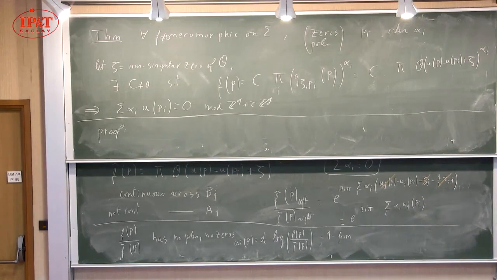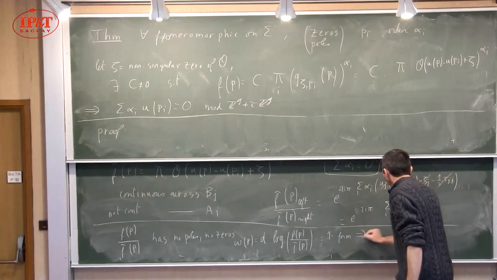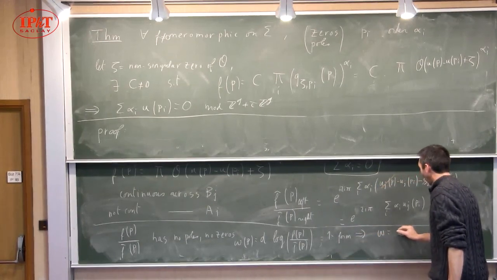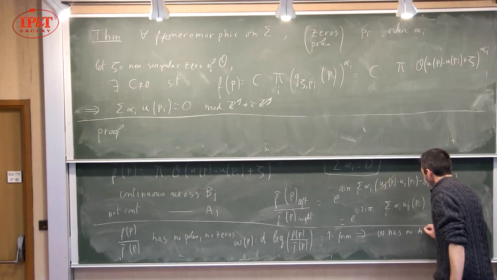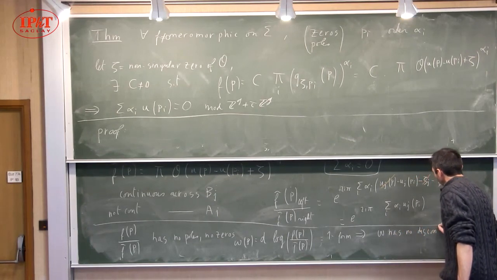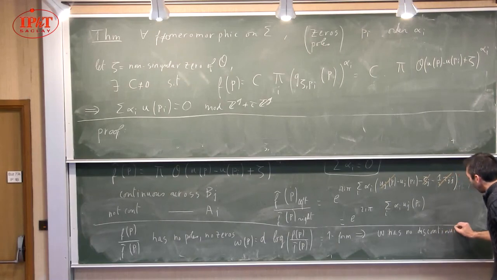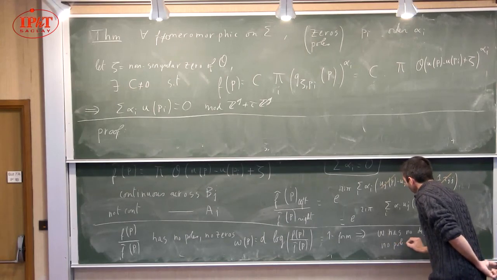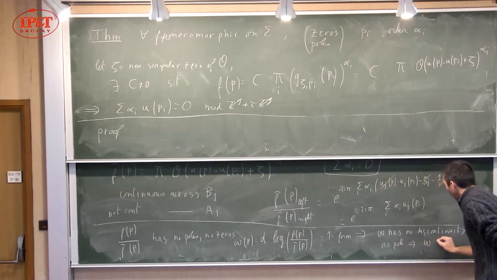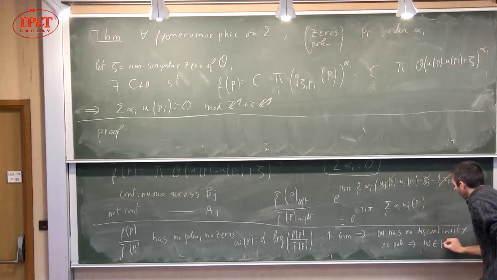So which means that omega has no discontinuity, and no pole, which implies that omega is a holomorphic one form.